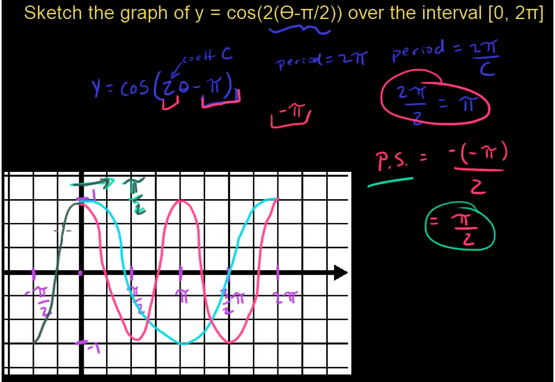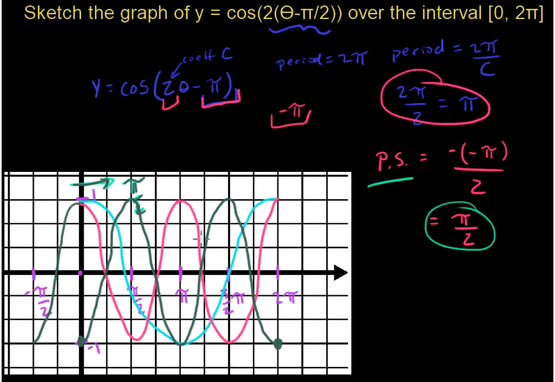So just imagine if you took this pink graph here and moved it over pi over 2. It would start here at -1 and do the same exact thing. So we come up here like that, come down, come up there, and then end right down here.